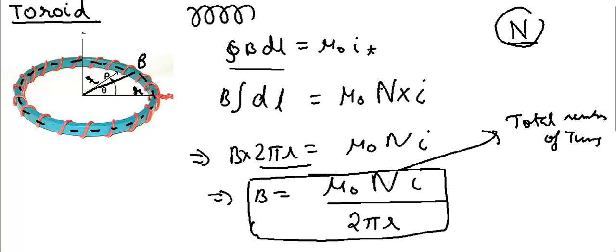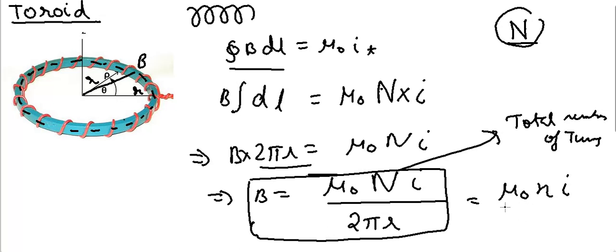But if you want to write it in terms of small n, the total length of this toroid is 2 pi r, so N by 2 pi r is nothing but small n, the number of turns per unit length.